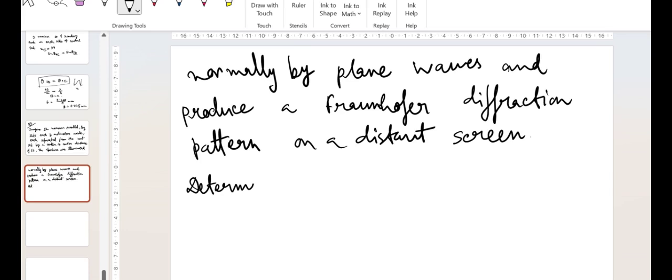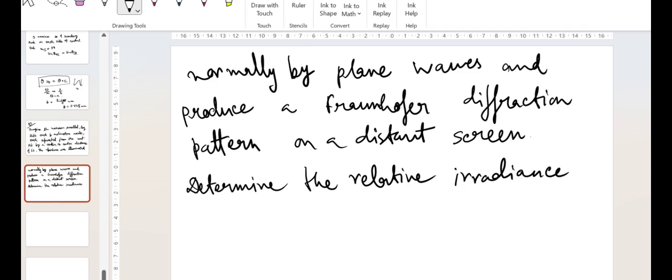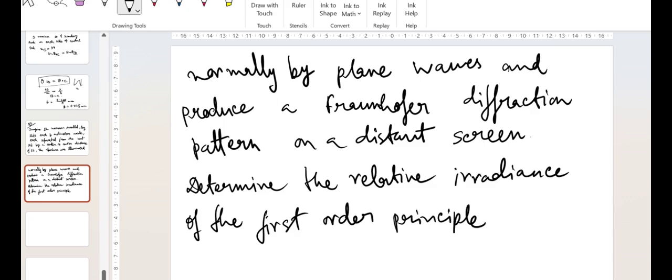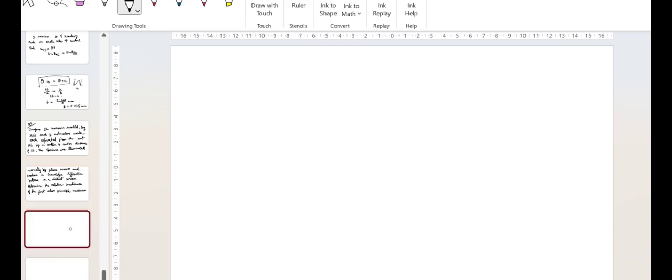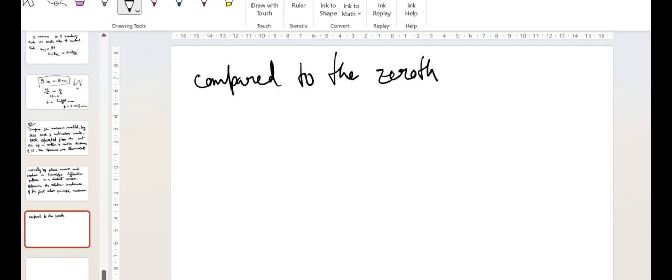Determine the relative irradiance associated with the first order principal maximum compared to the zeroth order principal maximum.